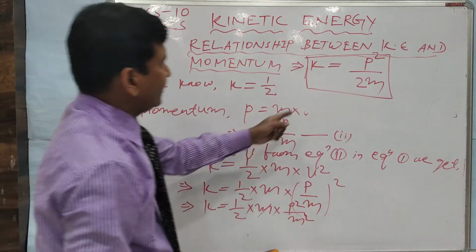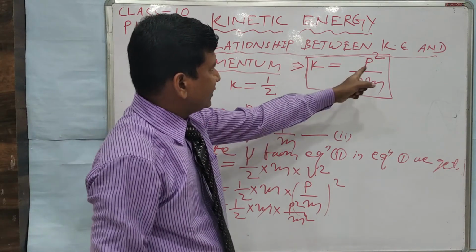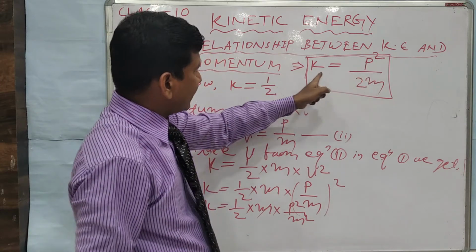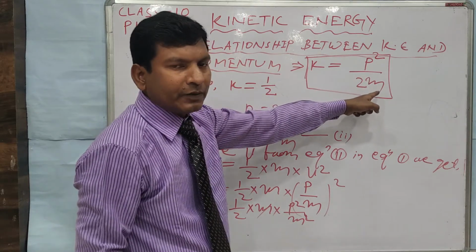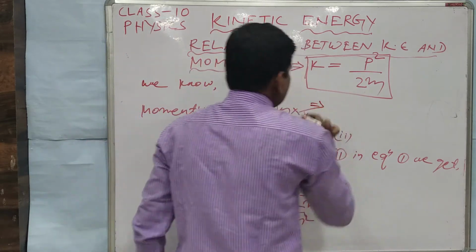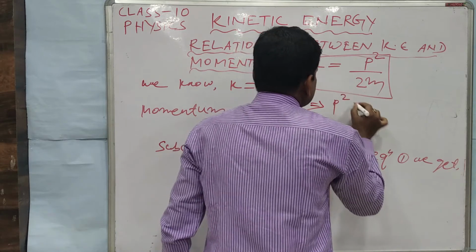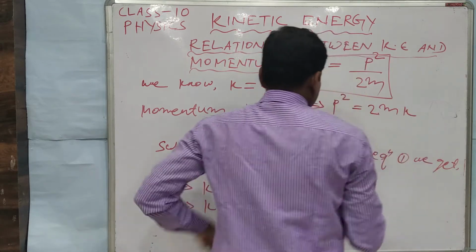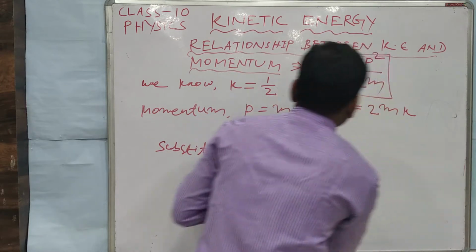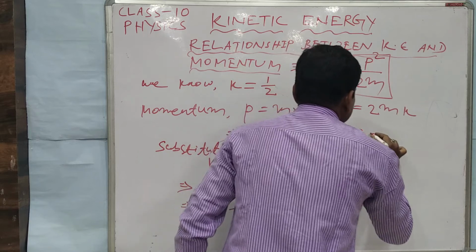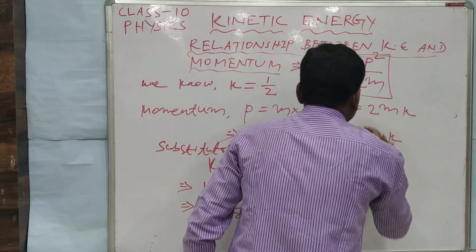From this expression you know that the kinetic energy is directly proportional to the square of the momentum, and the kinetic energy is inversely proportional to the mass of the body. Now from this expression you can also write it the other way, P square is equal to 2mK. Therefore now we can have P is equal to root over 2mK.